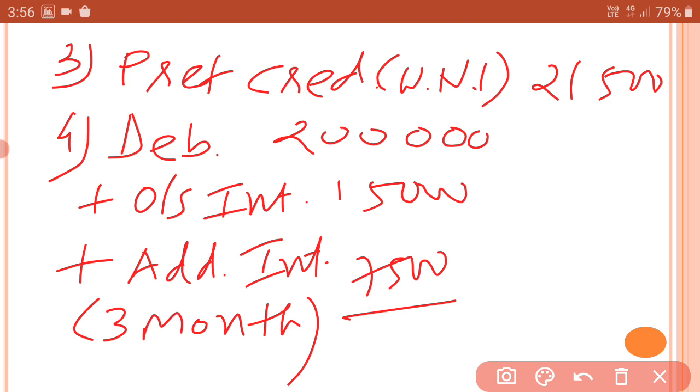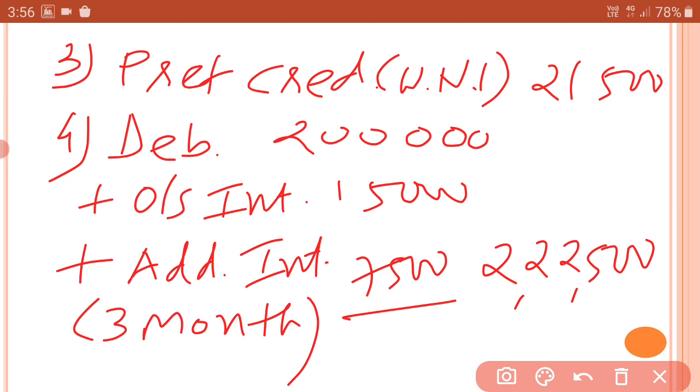So debenture plus outstanding interest plus additional interest, total 2,22,500. It's your point number 4.